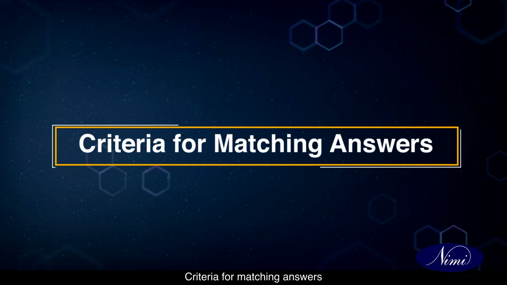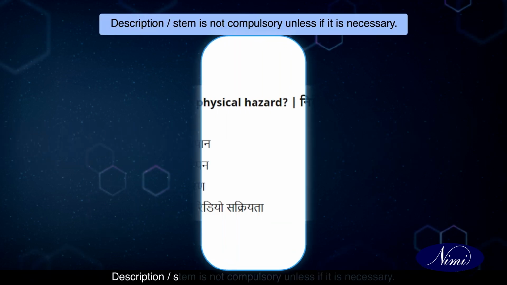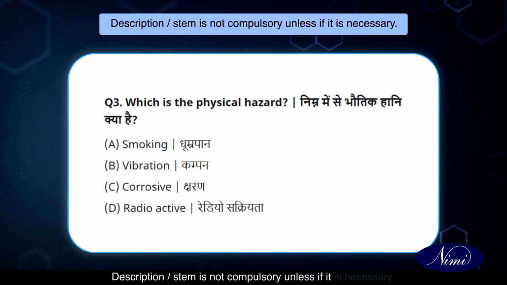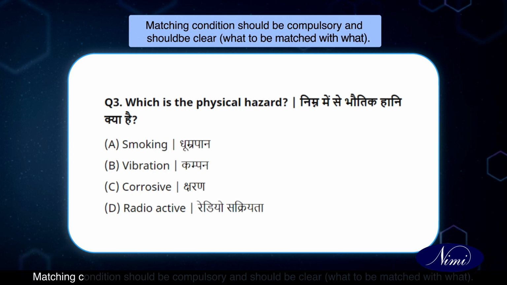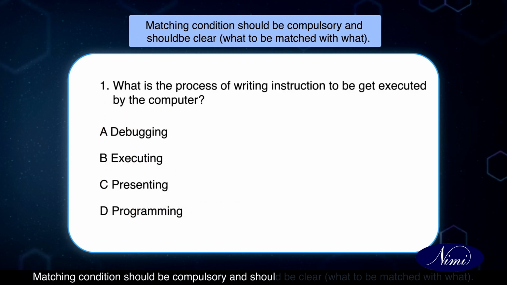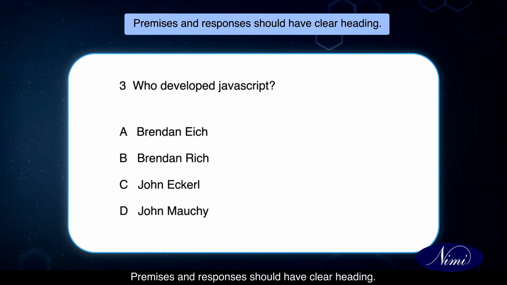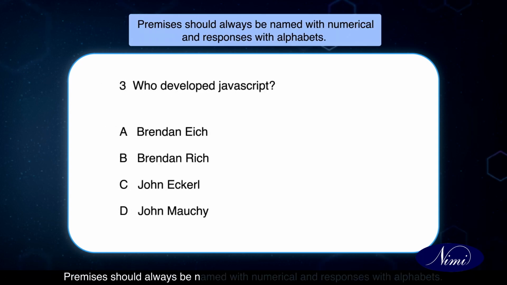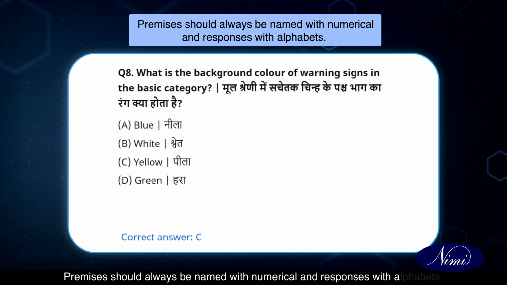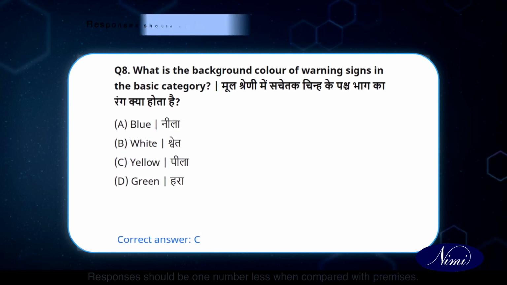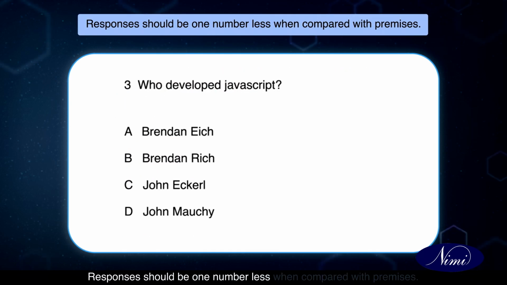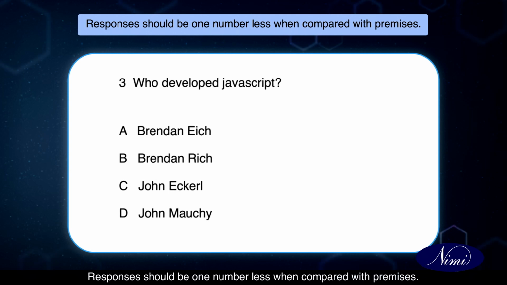Criteria for matching answers. Description stem is not compulsory unless it is necessary. Matching condition should be compulsory and should be clear about what is to be matched with what. Premises and responses should have a clear heading. Premises should always be named with numerals and responses with alphabets. Responses should be one number less when compared with premises.